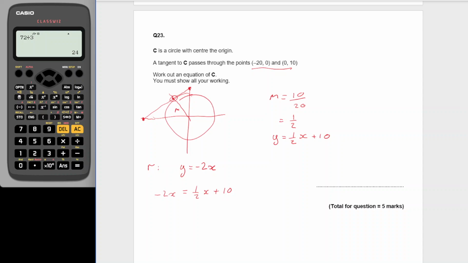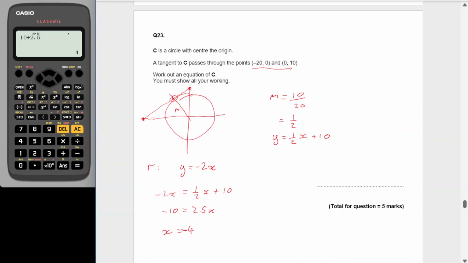Right, so I'm going to say that minus 10 is equal to 2.5x. So x is going to be equal to 10 divided by 2.5, so it's 4. Minus 4, sorry.